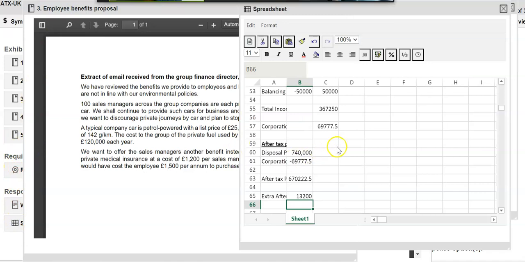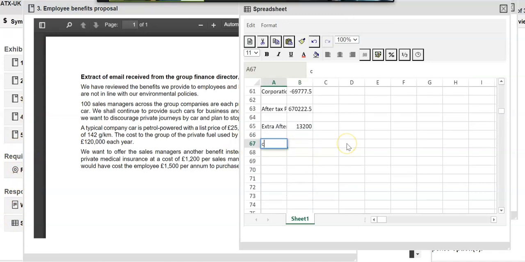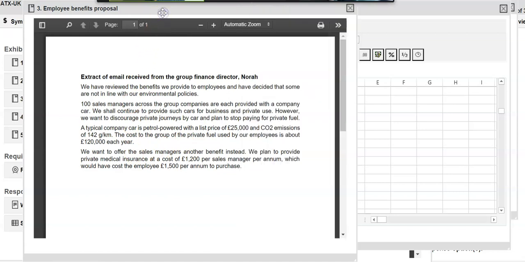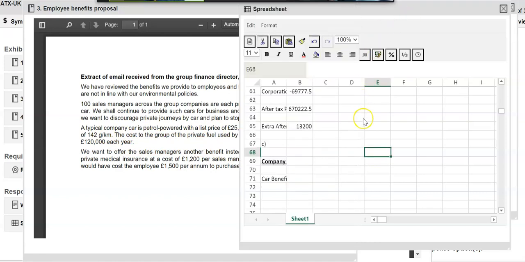So here we are. This is part C. So that's company car first. We have to calculate the car benefit. The list price of the car was 25,000, right? And the CO2 emission is 140, so 142. So we'll consider it 140. Let's multiply the car benefit.